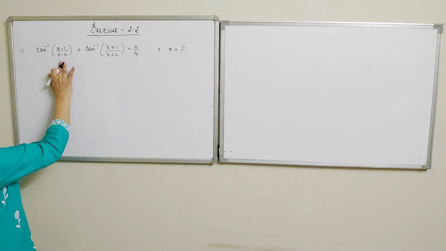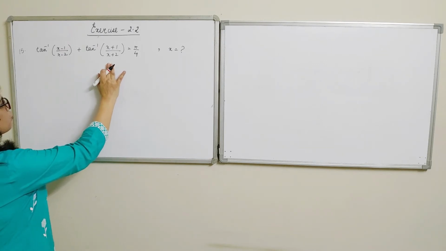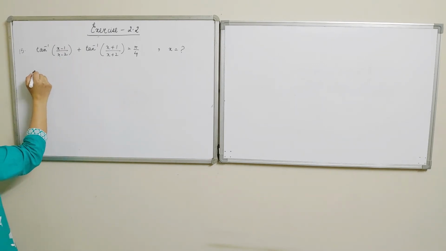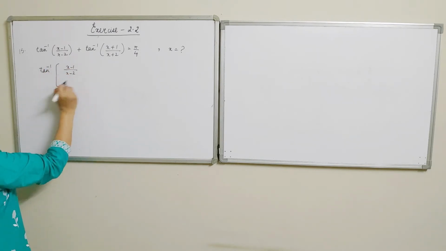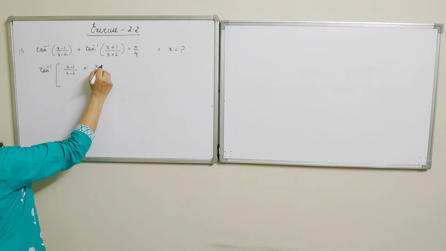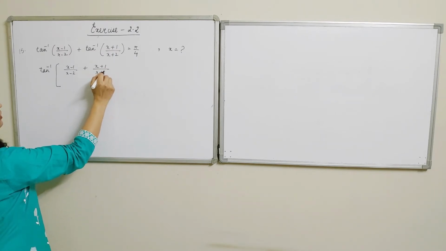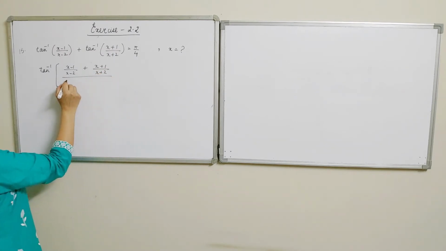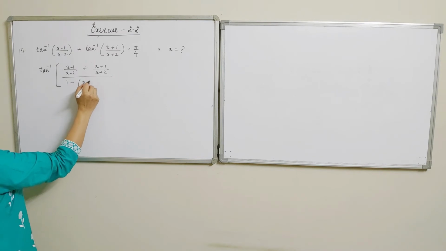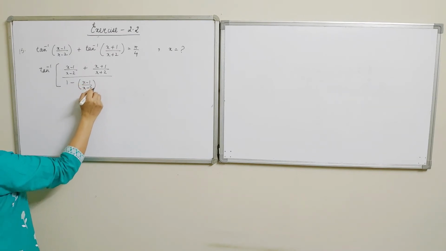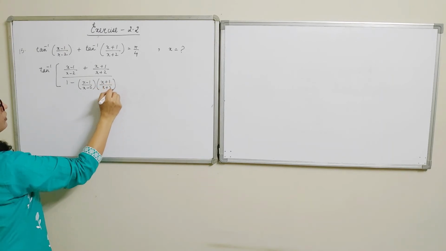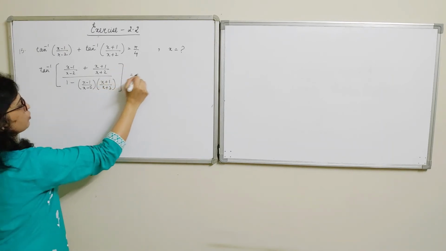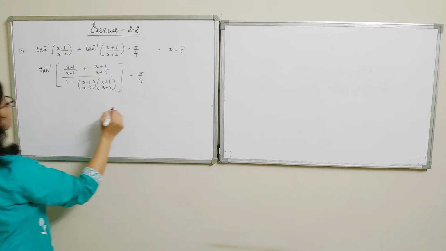So this is just like tan inverse x plus tan inverse y. So using that identity, we can write down tan inverse of (x plus y upon 1 minus x into y), which is equal to pi by 4.